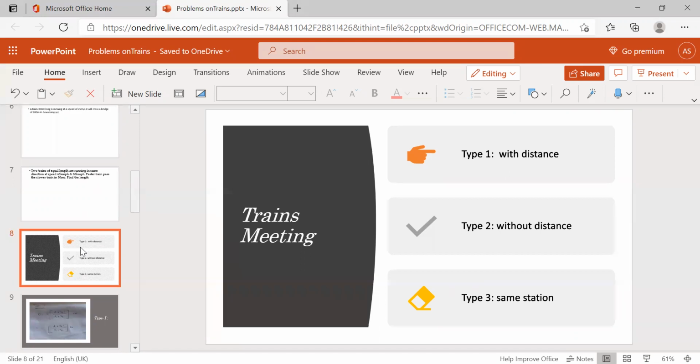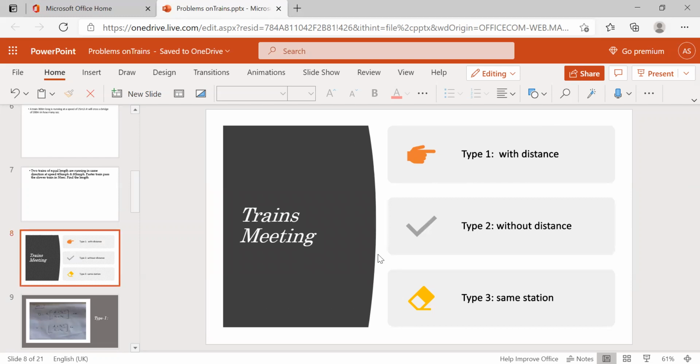First, they will give the distance between two stations and ask maybe where or when they will meet. Type 2 is without distance: from two stations, one train and another are moving opposite to each other, and they will ask where they will meet, or what the distance between the two stations is.